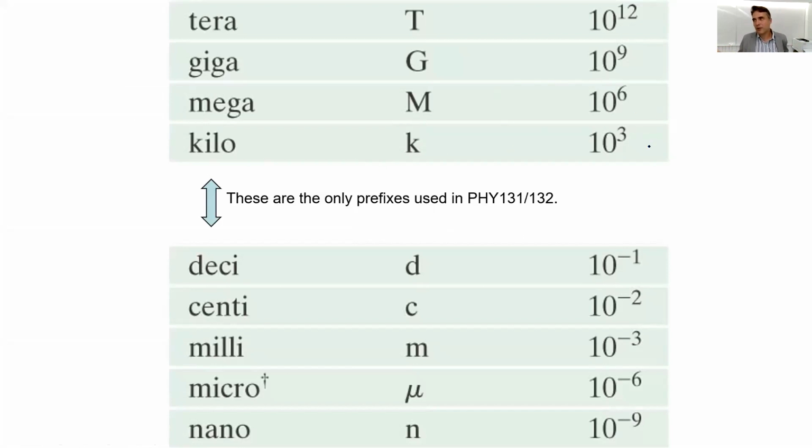It's interesting that kilogram is already an SI unit, and a gram is a thousandth of that, so I guess a millikilogram is a gram. Less than 1 is deci, centi, milli, micro, which is represented by the Greek letter mu, like the sound that a cow makes. And then nano is 10 to the minus 9. These are good things to be familiar with.